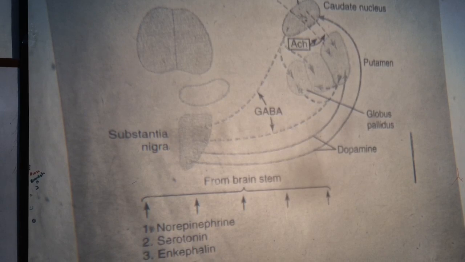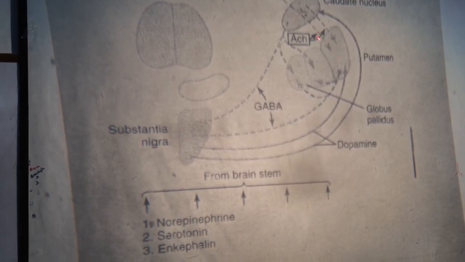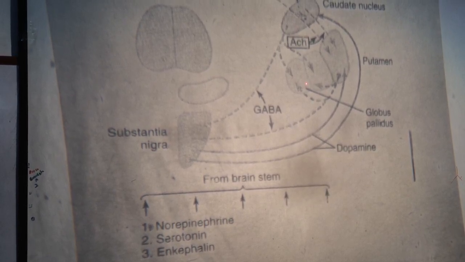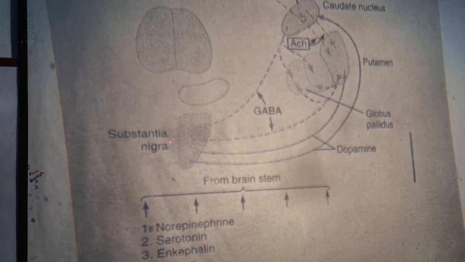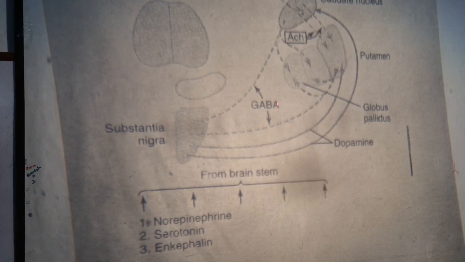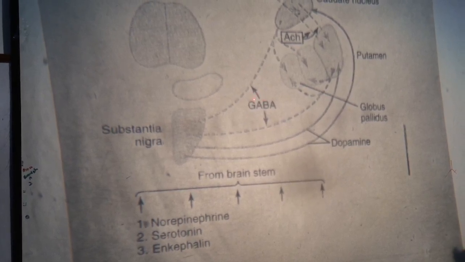Then nerve fibers which arise from caudate and putamen, and these go to the globus pallidus and substantia nigra. These release GABA, gamma amino butyric acid, at the nerve endings.